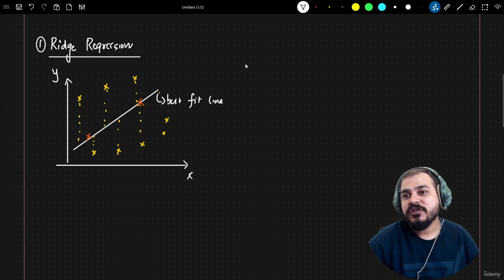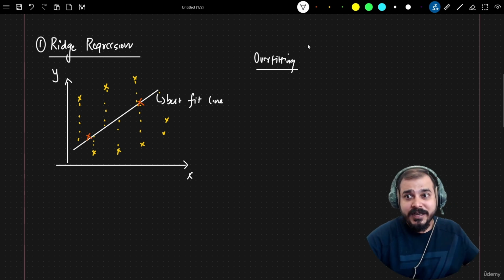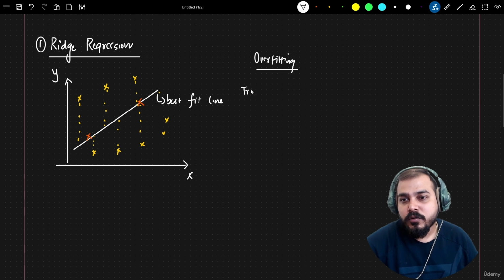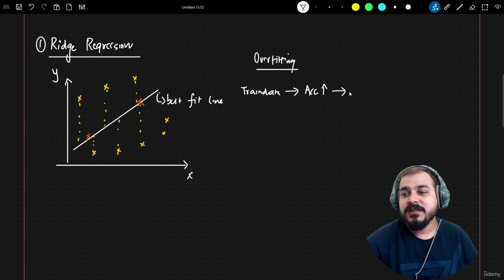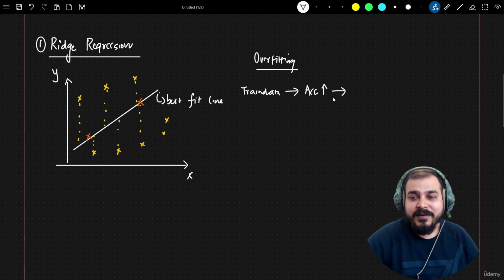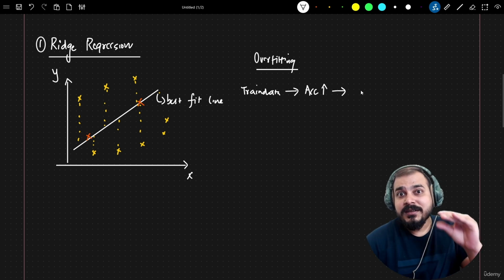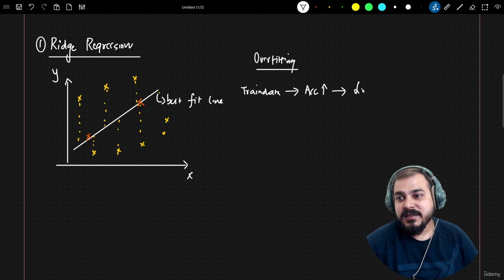So here what is actually happening? Here overfitting is actually happening. Now what does overfitting basically mean? I have already covered this. Let's say with respect to our trained data, my accuracy is very, very high. Let's say my accuracy is 99% or 100%. Okay. And whenever I talk about trained data, at that point of time, we use something called bias. In this scenario, I will say low bias.